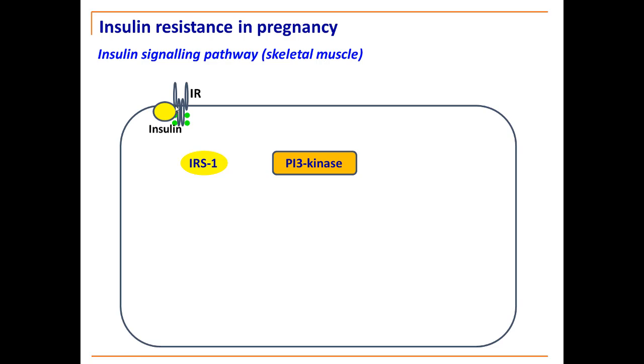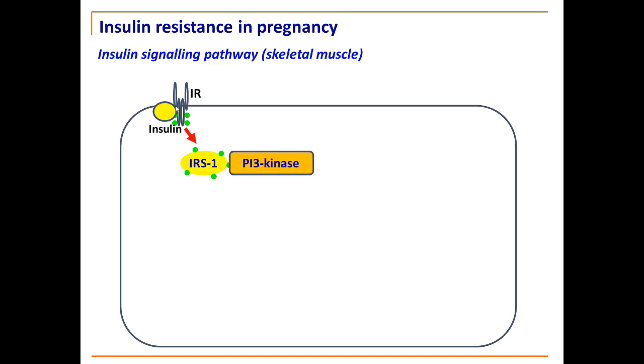It's called autophosphorylation because it phosphorylates itself once insulin binds, and it does this on tyrosine residues. This activates a tyrosine kinase activity, so it can now phosphorylate other things. What it does is phosphorylate IRS1, which stands for insulin receptor substrate 1. It also phosphorylates other things as well.